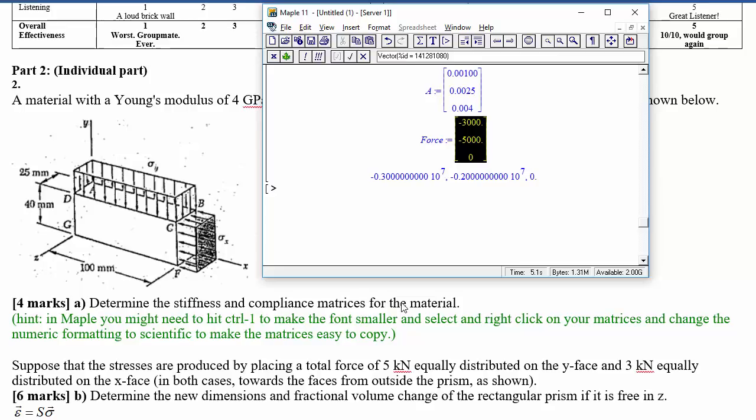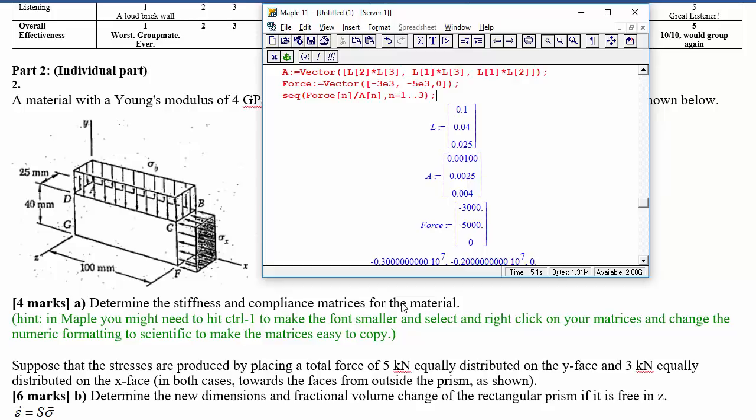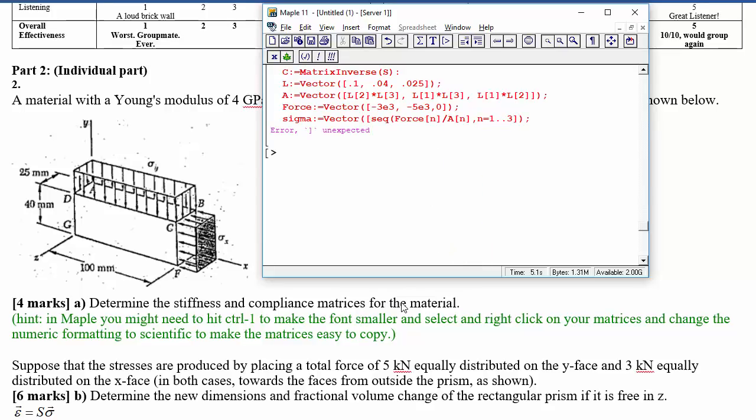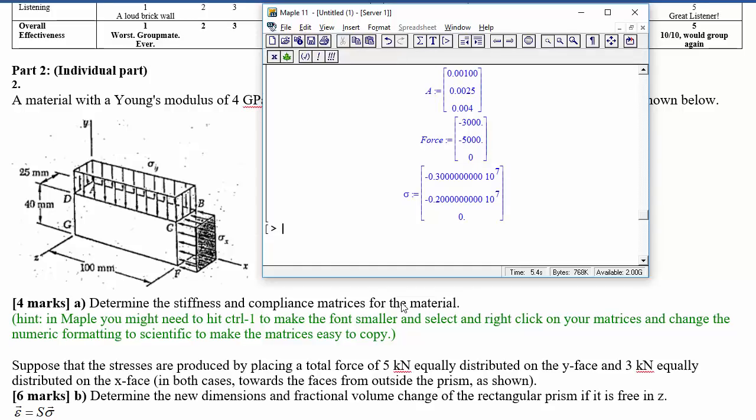So the first force divided by the first area, second force divided by the second area, and third force divided by third area. Then all you need to do is say stress sigma is equal to the vector of these elements in a list. Let's see, where did I mess that up? Oh, this is the closing of the sequence. Then we close that bracket to close that list, and then close the other bracket for the vector command. Okay, so there is the stress.